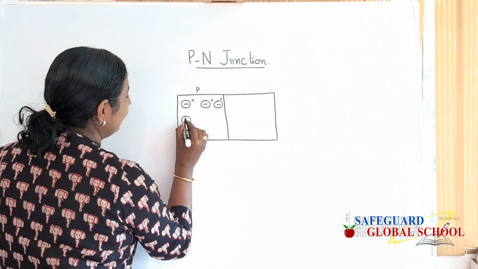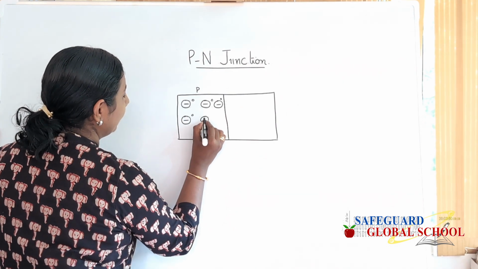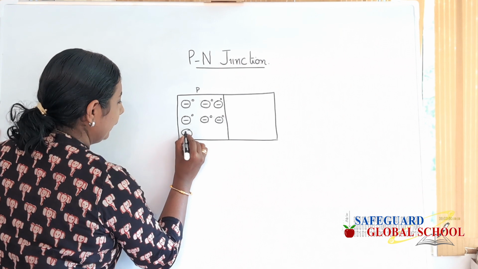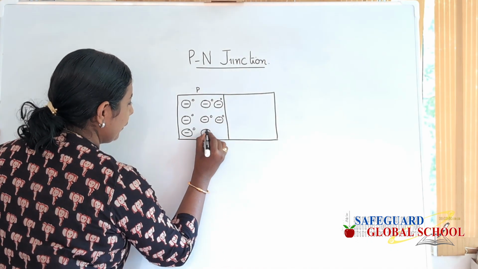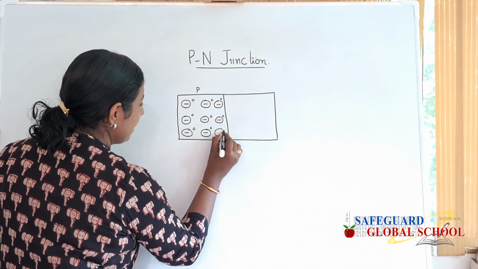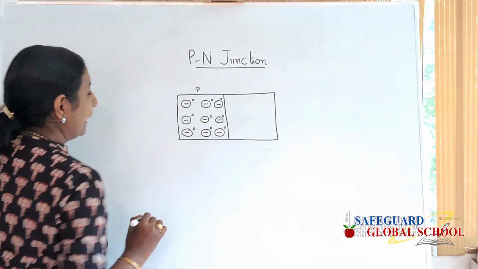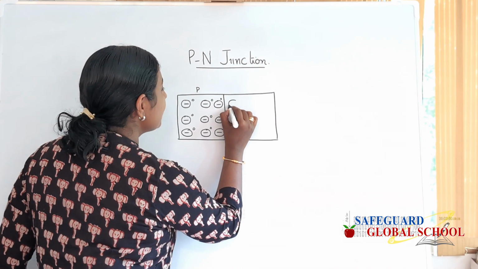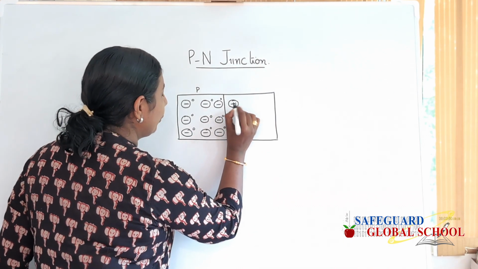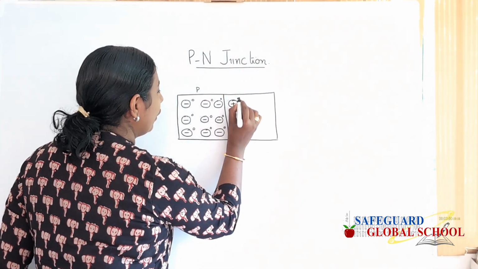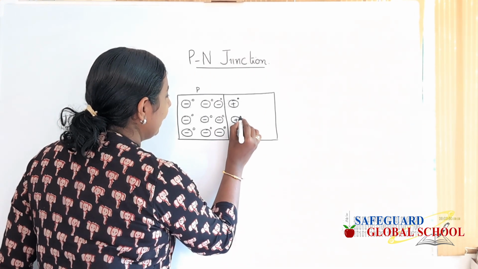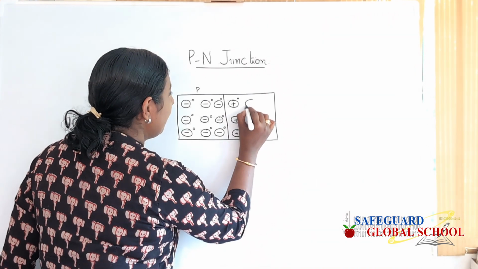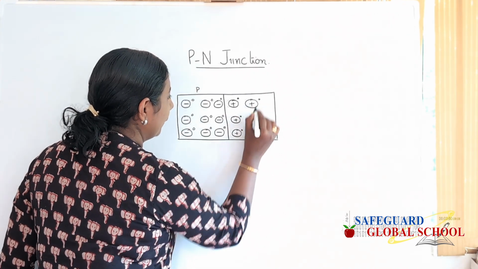You have to draw it like this with negative cores, here with holes. Remember, a P-type semiconductor has an acceptor carrying an electron which is not its own. Then an N-type region where it is positive with an electron here, positive with an electron here, positive with an electron here. This is a PN bar.